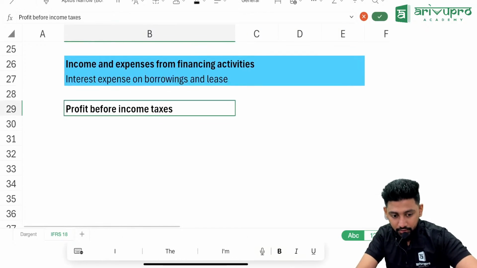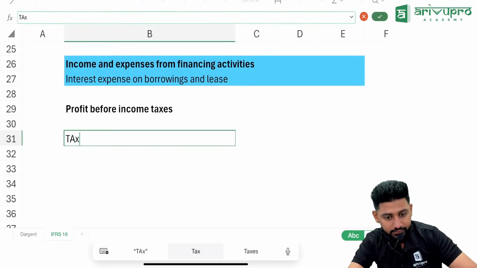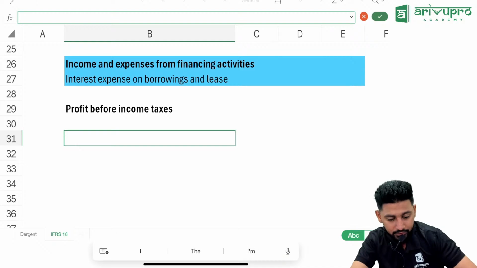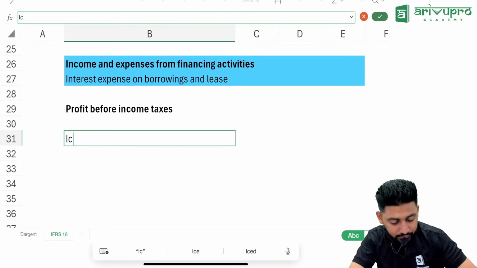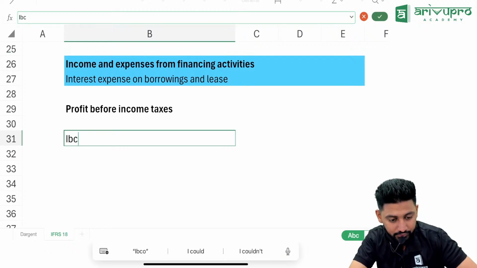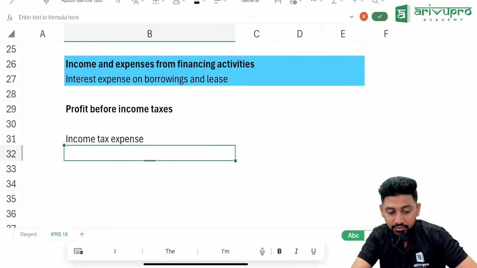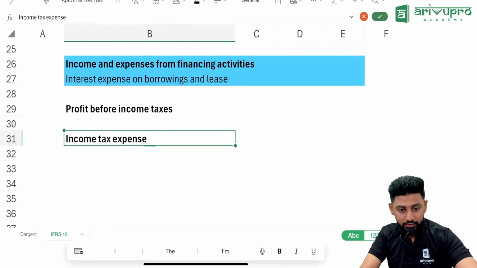Now I have my income taxes. So I can call it income tax expense. This is another mandatory heading, correct? That's my fourth heading.